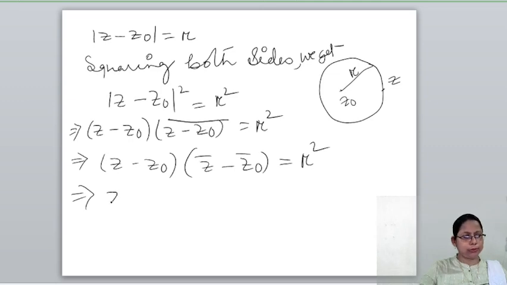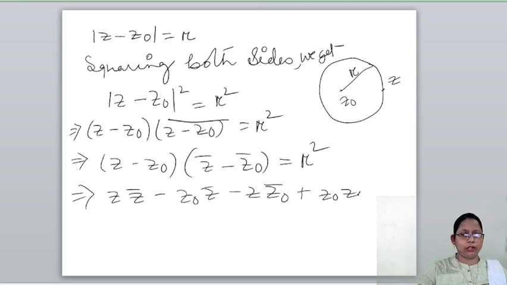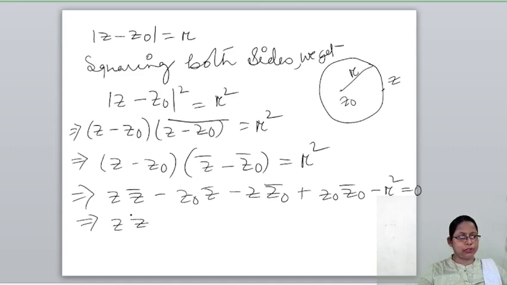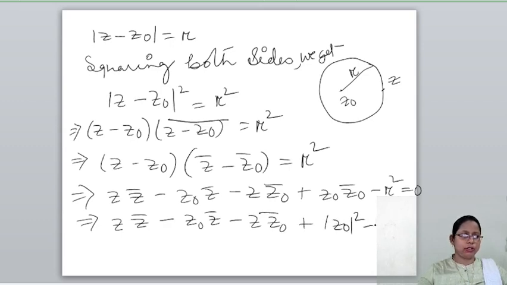If we expand this, we will get z z conjugate minus z naught z conjugate minus z naught conjugate z plus z naught z naught conjugate minus r squared equal to 0.